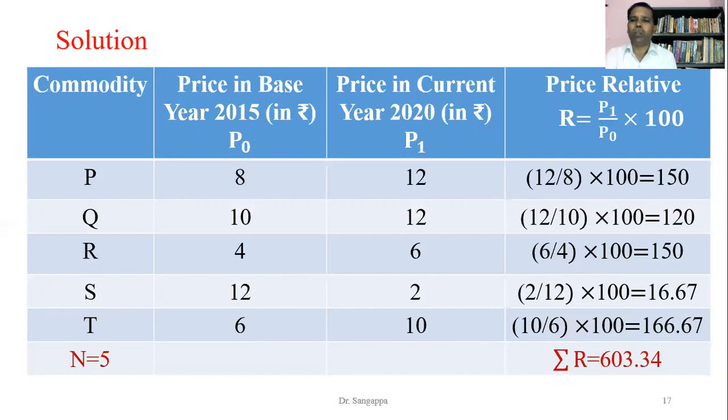And 2 divided by 12 equal to 0.167, into 100 equal to 16.67. Then finally 10 divided by 6 equal to 1.67, into 100 is equal to 166.67.